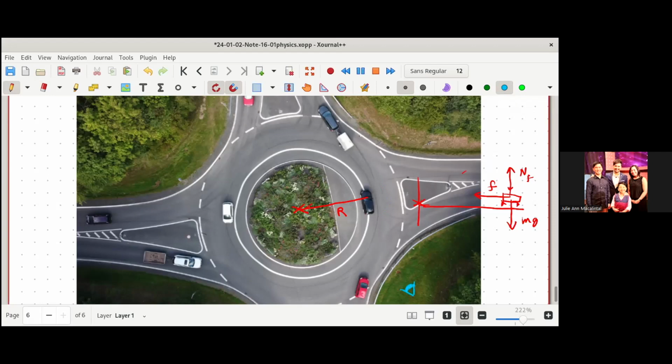Ito yung mata ko. Klaro ba? Dito ako nanonood. Based from the view here, ito yung makikita ko.